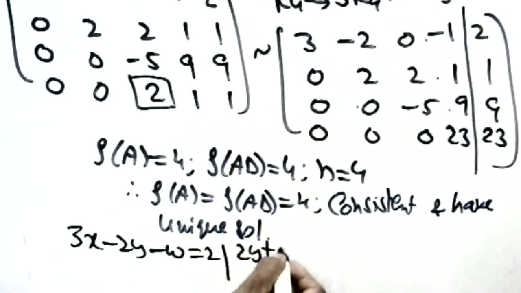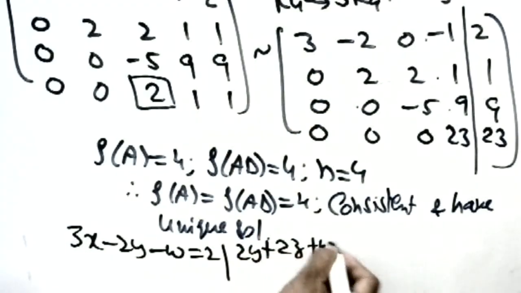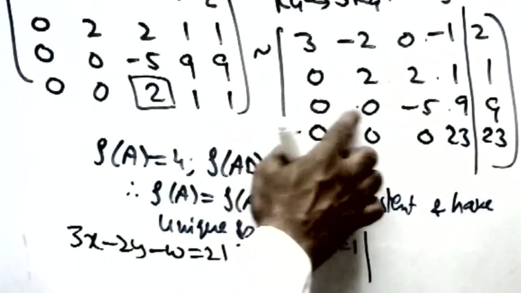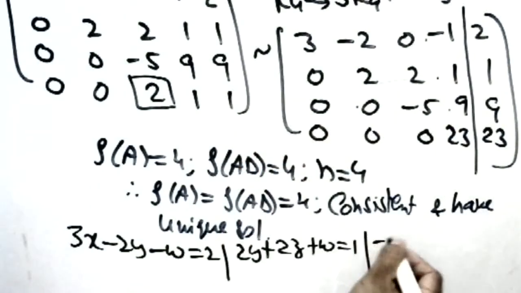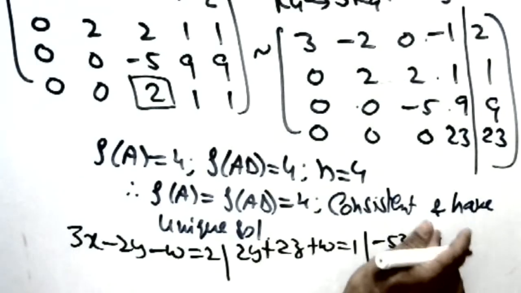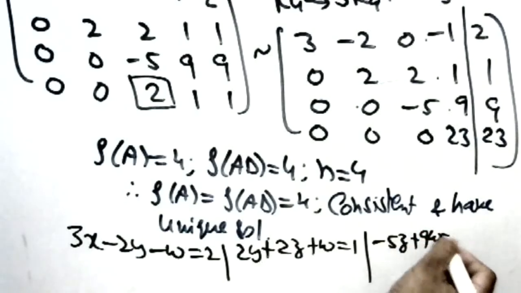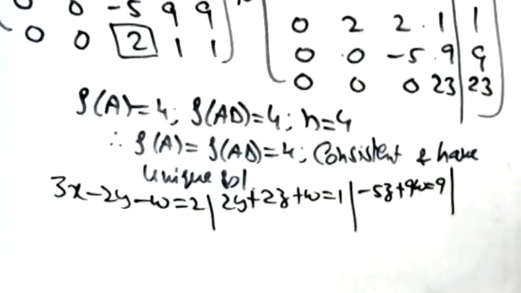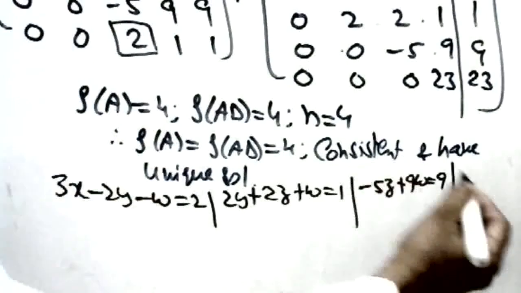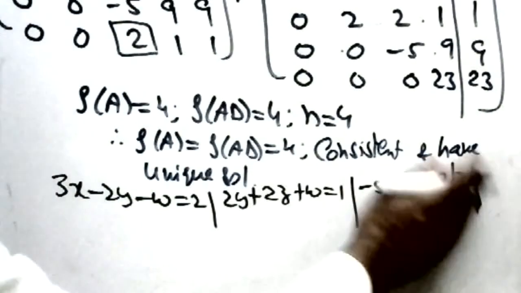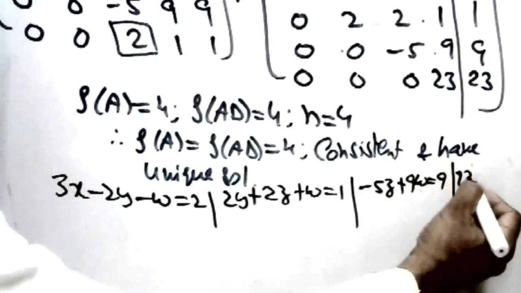Next, 2y plus 2z plus w equals 1. Now see here, x is 0, y is 0, this is z. Minus 5z plus 9w equals 9. Lastly, 23z equals 23.